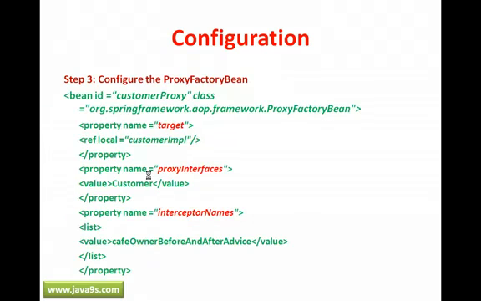So now the third step is to configure the proxy bean itself. I have created the bean with the name customerProxy, and the class is going to be ProxyFactoryBean. For this ProxyFactoryBean, we need to give three inputs. One is the target, so who is the actual target, and our actual target is going to be CustomerImpl, and the second input is the proxy interfaces, what this target actually implements, that is the Customer here.